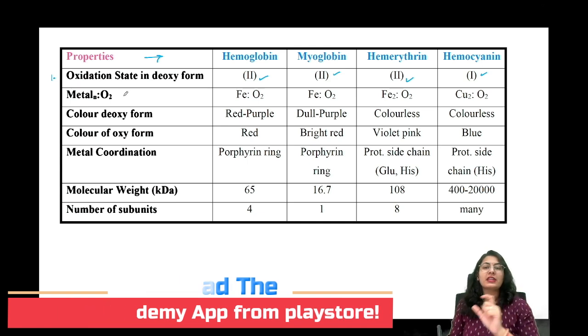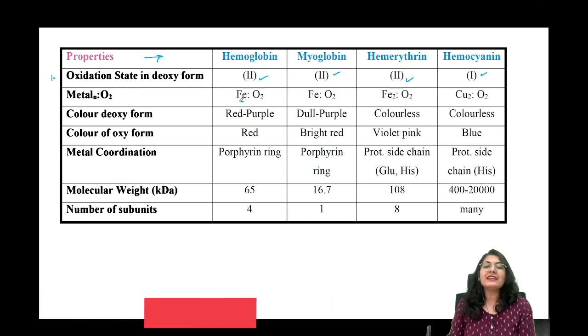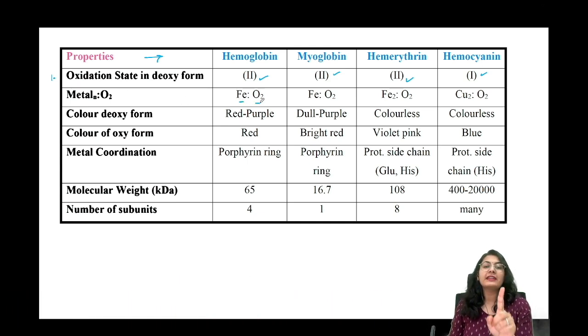Metal oxygen कैसे bind करता है? One iron atom takes up one oxygen, one dioxygen, that is. In myoglobin same, but hemerythrin में 2 iron atom will take one oxygen molecule. Got it?